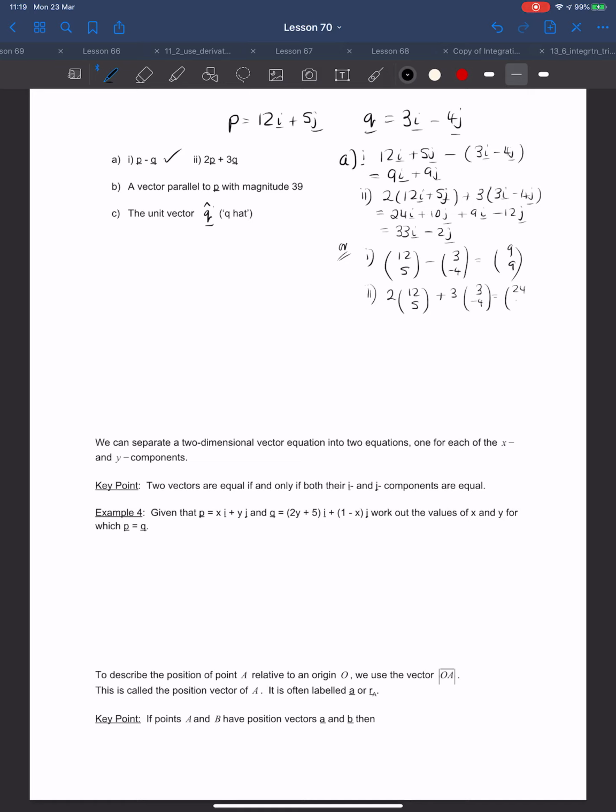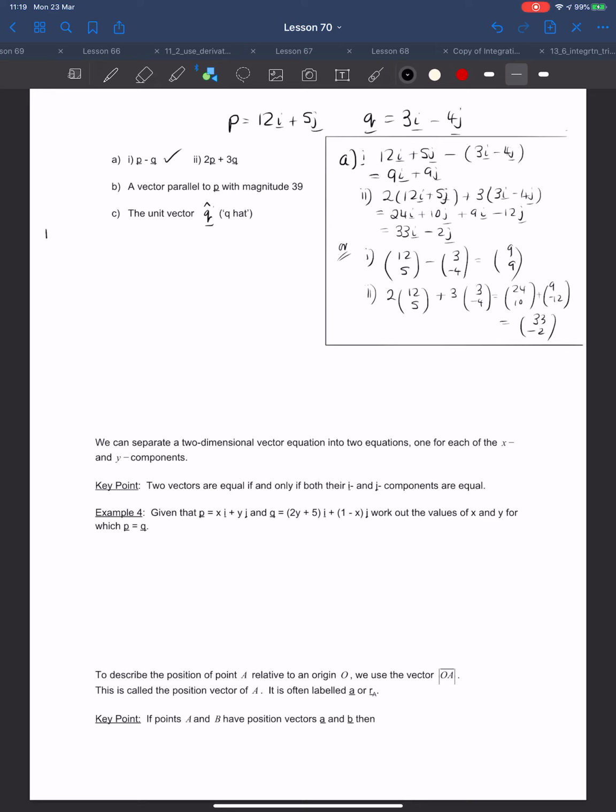So it's 24, 10 plus 9, minus 12, 33, minus 2. So when you do this, it's 2 times the top, 2 times the bottom there, 3 times the top, 3 times the bottom there. Then you add the tops and add the bottoms, but with the minus, it ends up taking it away. That's part A.